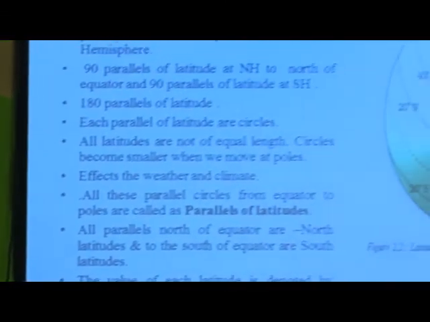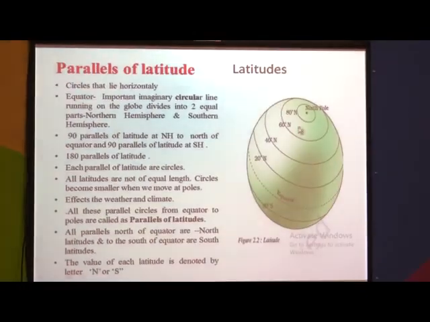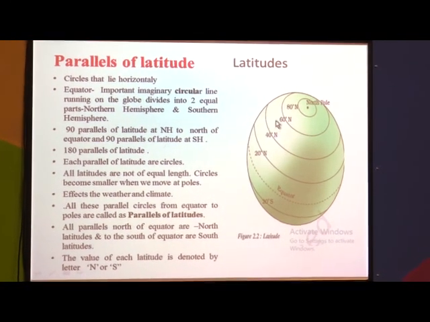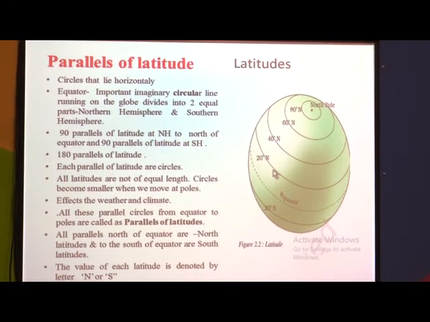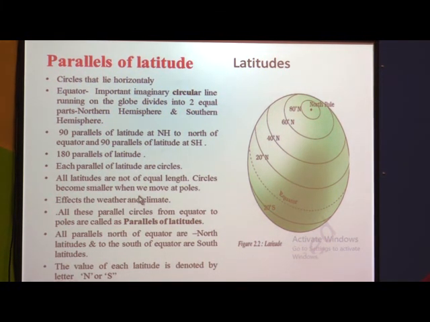They become smaller and smaller when they move towards the pole. So are all these latitudes of equal size? No, they are not of equal length. They become smaller and smaller as they move towards the pole, and that's why this affects the weather and climate.